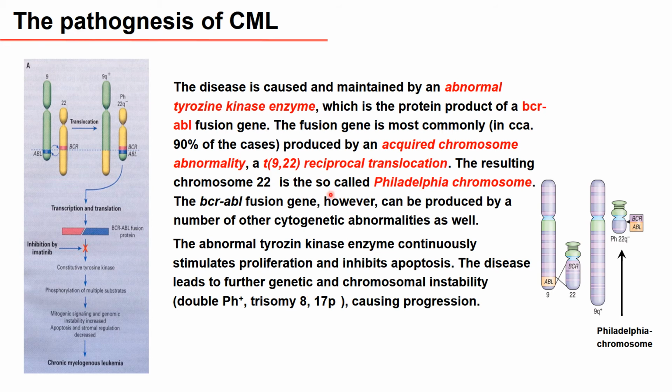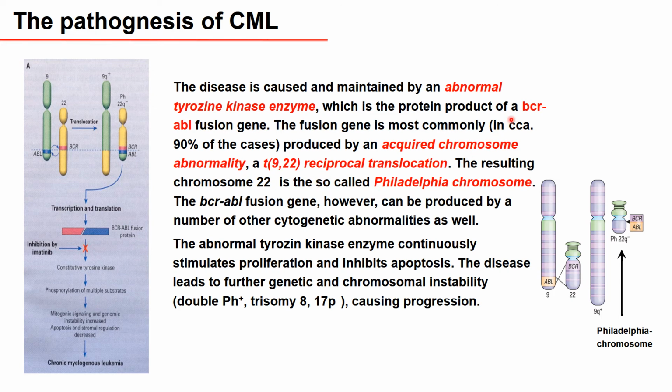This doesn't have any physiological effect in our body, but accidentally it has tyrosine kinase activity. That's an abnormal tyrosine kinase, and our body responds to it by proliferation. So this will increase the proliferation rate of certain cells.